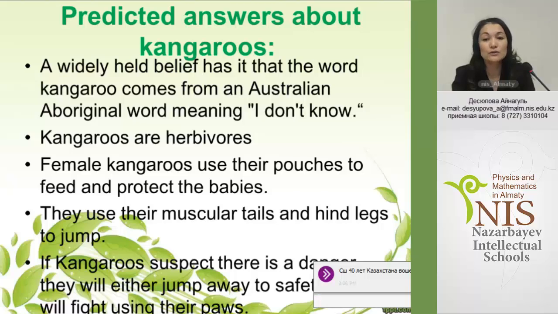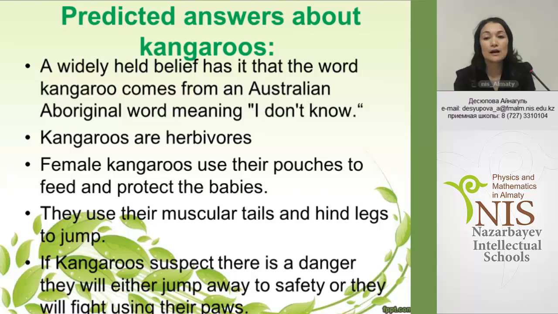Female kangaroos use their pouches to feed and protect the babies. They use their muscular tails and hind legs to jump when we talk about their locomotion. If kangaroos suspect there is a danger, they will either jump away to safety or they will fight using their paws.